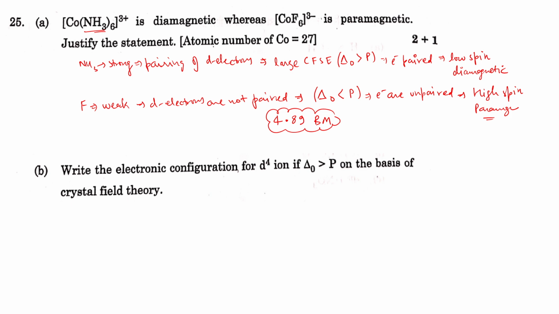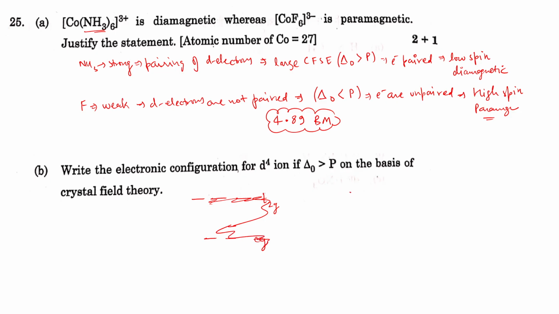Again, we have a similar question. Write the electronic configuration for d4 if Δo is greater than P. So when Δo is greater than P, we have two sets like this. Wait, this is incorrect.